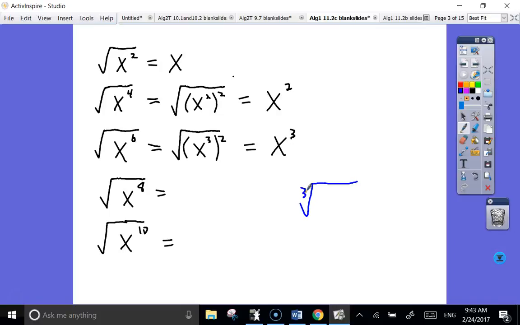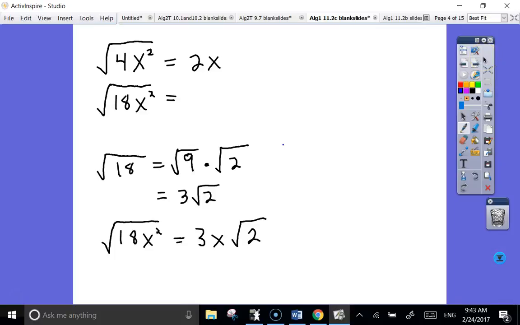X to the sixth: 6 divided by 2 is 3, x to the third. How about x to the 8th? How many are going to come out? 4. X to the 10th? 5. Just divide the exponent inside by the index. That's how many come out. X to the fourth, x to the fifth.